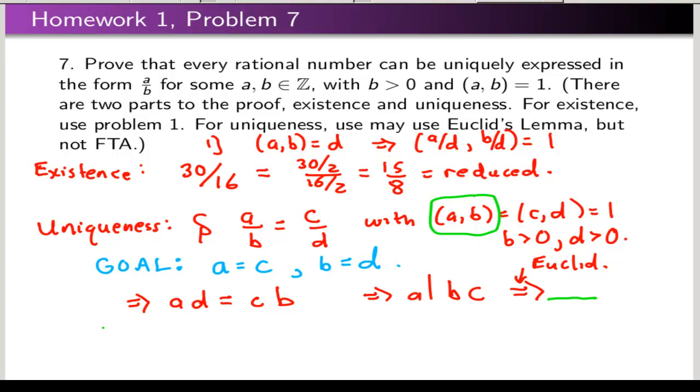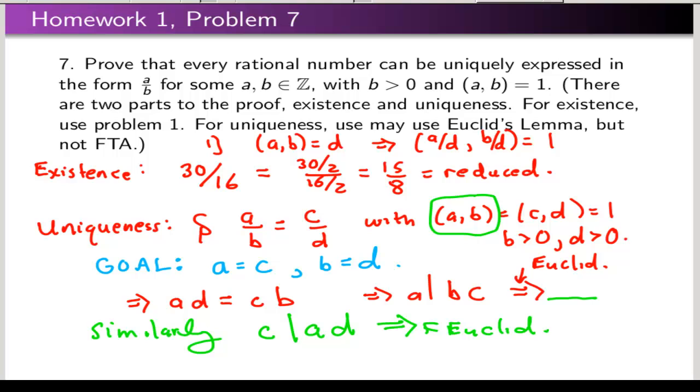So next, use symmetry similarly. You'll say maybe that C is a divisor of A times D, which implies by Euclid what? Okay. Try that out and see where that heads you.